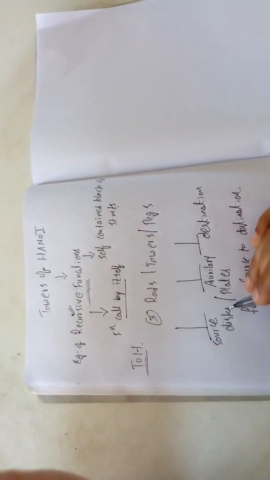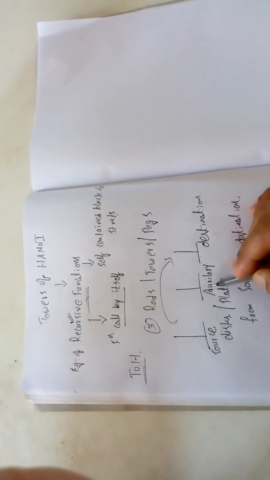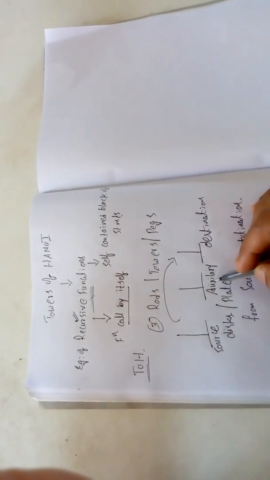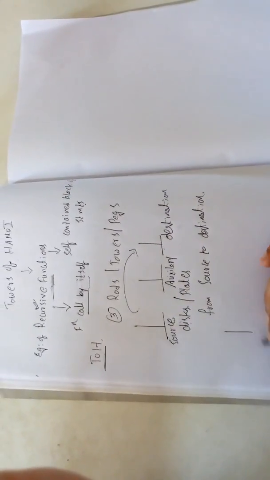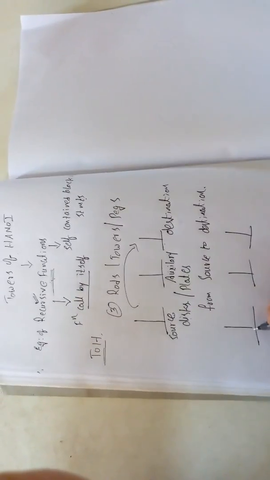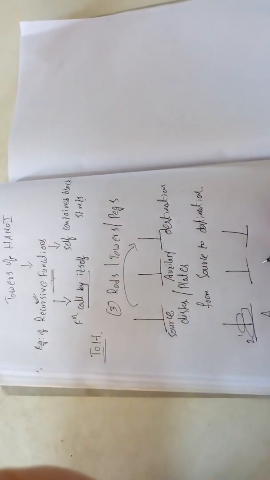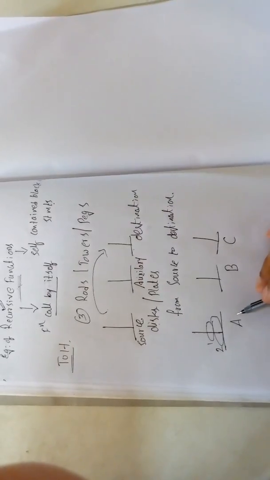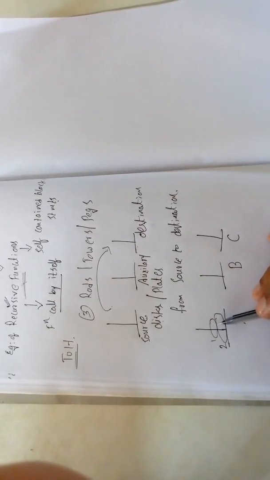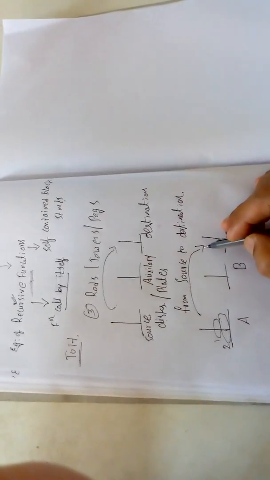We have to transfer these discs from source to destination with the help of the auxiliary, middle tower. Let us consider source as A, auxiliary as B, and destination as C.